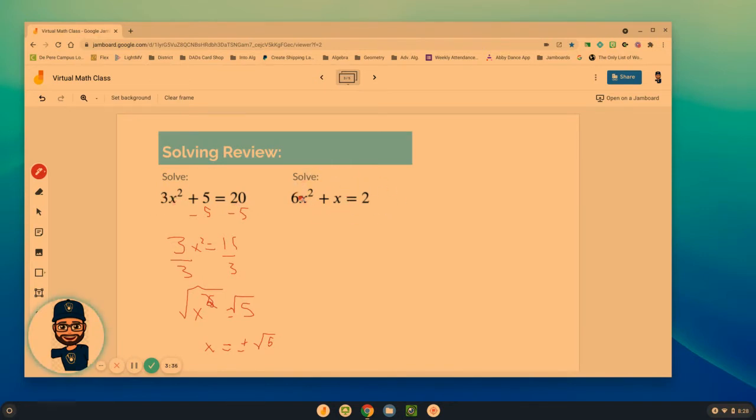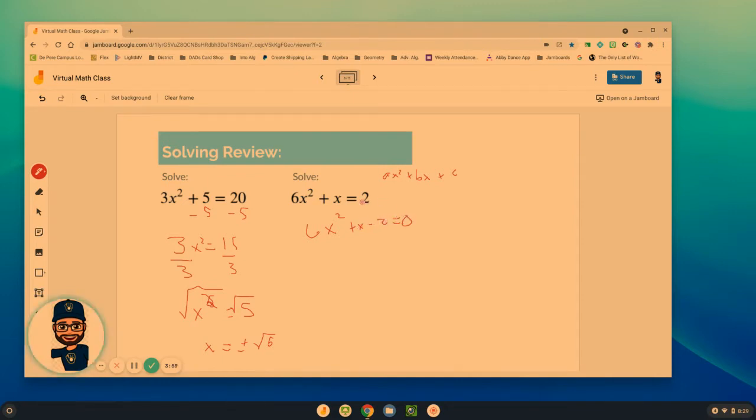However, if you notice here in example 2, we have an x squared and an x. We have this ax squared plus bx plus c. We need the equation to equal 0, so 6x squared plus x minus 2 would equal 0.